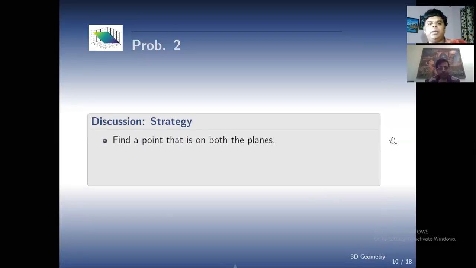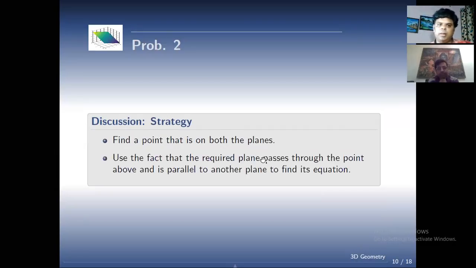The strategy would be find a point that is on both the planes given, which means find a point on the line of intersection, and then use the fact that the required plane that we want passes through this point and is also parallel to another plane to find its equation.